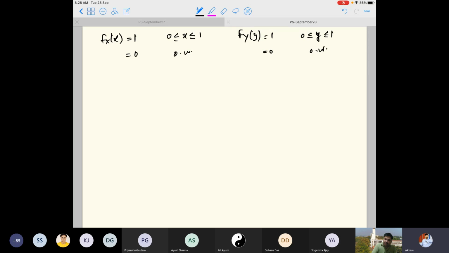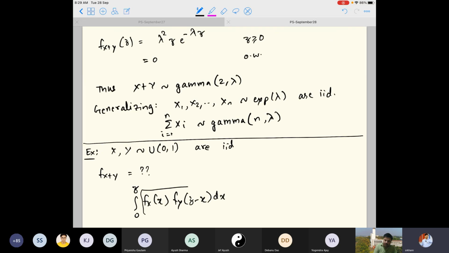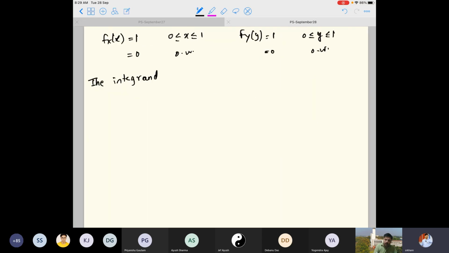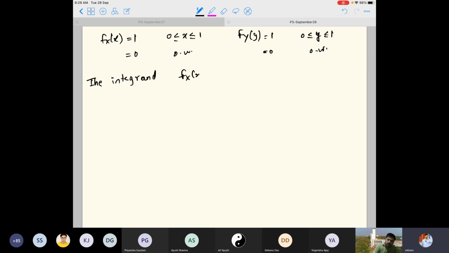So the integrand is fX(x) into fY(z minus x). fX is constant 1 and fY is also constant 1, so this product takes only two values, 0 or 1.